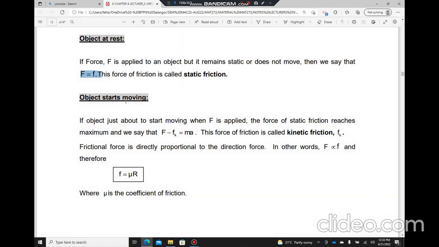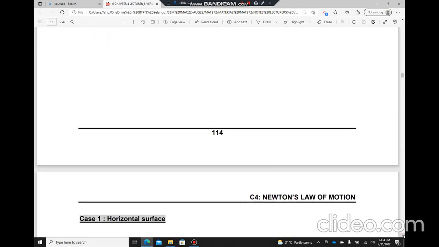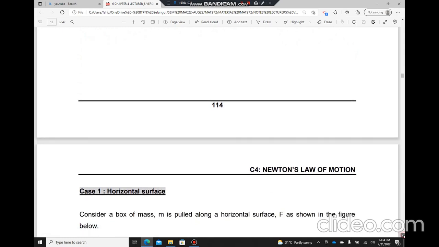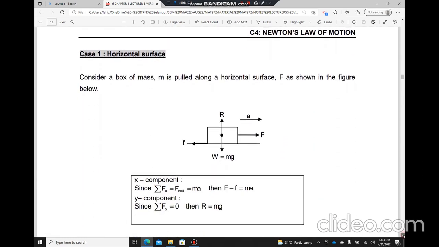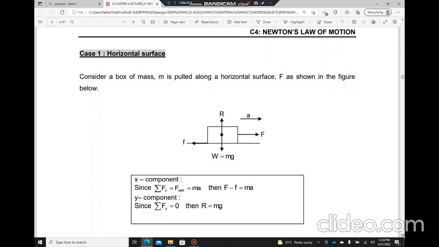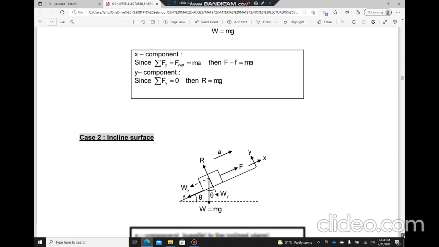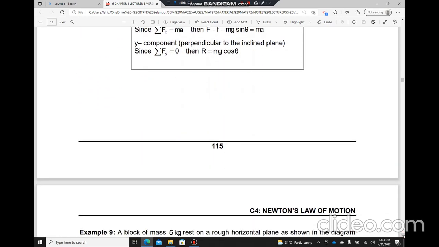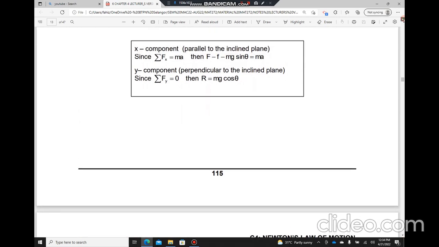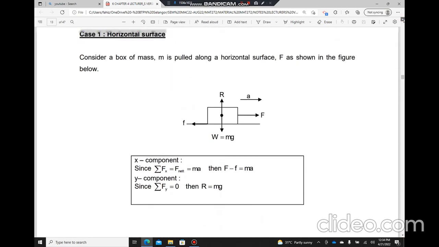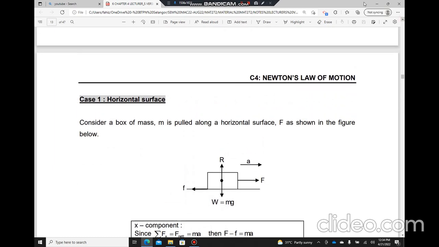Satu objek at rest, satu objek start moving. Okay, so moving tu kita kena tengok lah kalau dia ada acceleration. Okay, then kita tengok untuk case which are horizontal surface and inclined surface. Kat sini kita ada dua case juga untuk friction force.